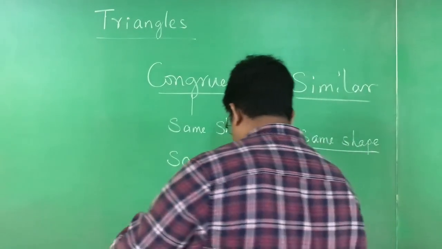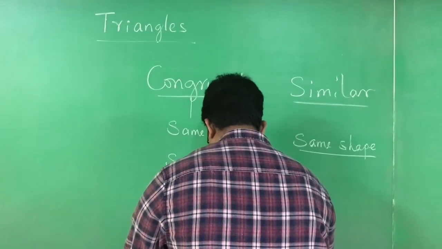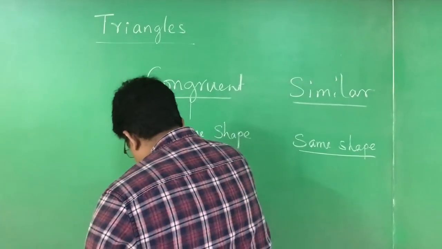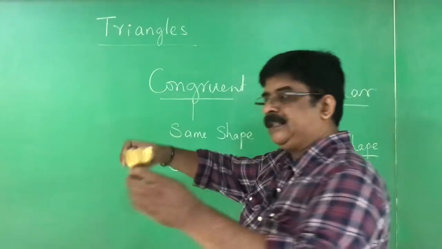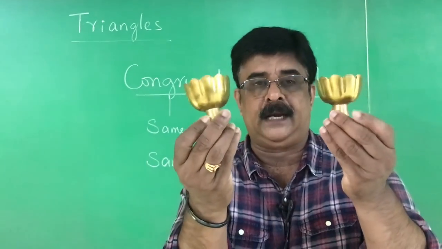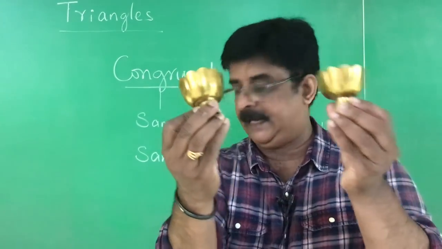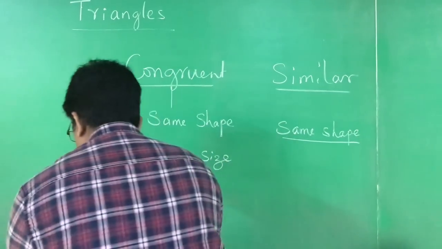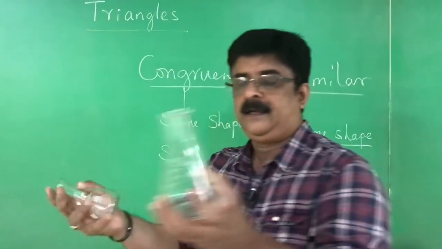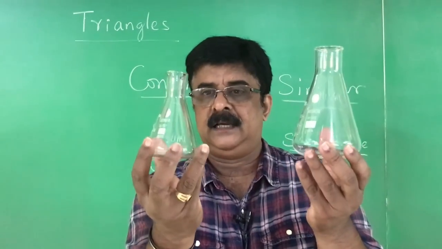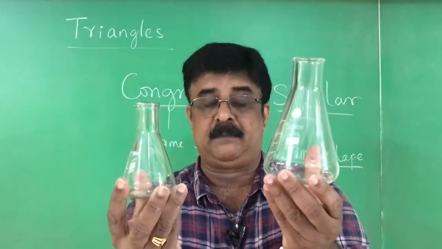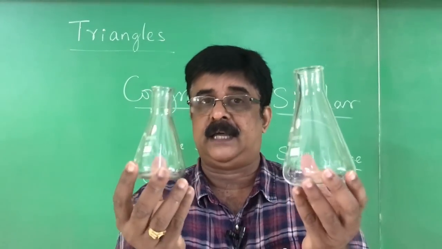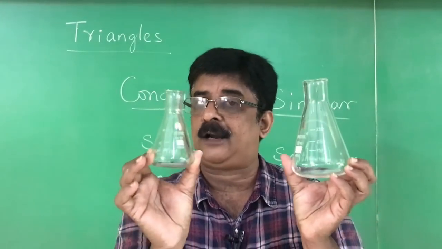Same way, whatever I show you, you have to understand the similarity and congruency. Now these two conical flasks: one is smaller, another one is bigger, but both have same shape. Therefore, they are similar, but they are not congruent.